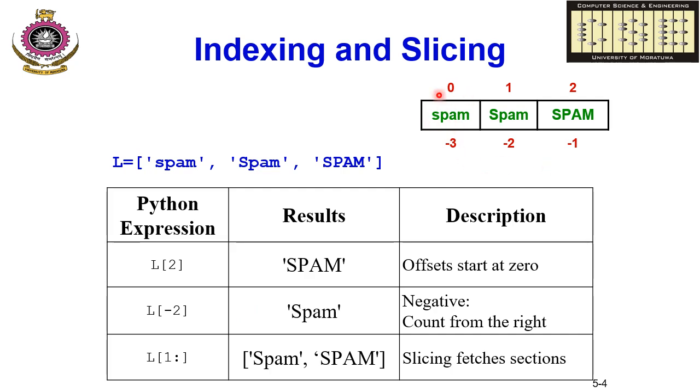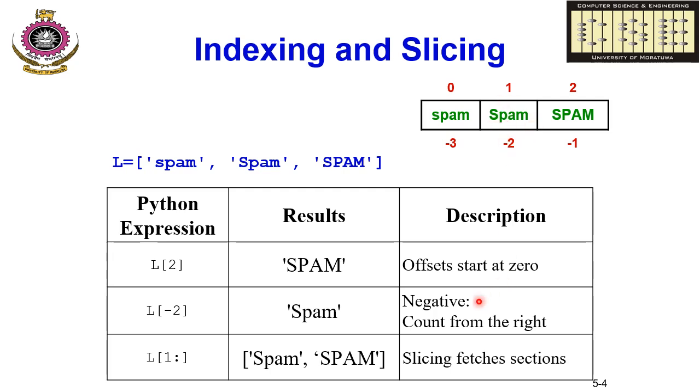We generally start from the first item, right? So the first item is the index 0 item, and the last item is the index -1 item. So that is also possible. This will output spam with a capital S, because this is the -2 indexed item.